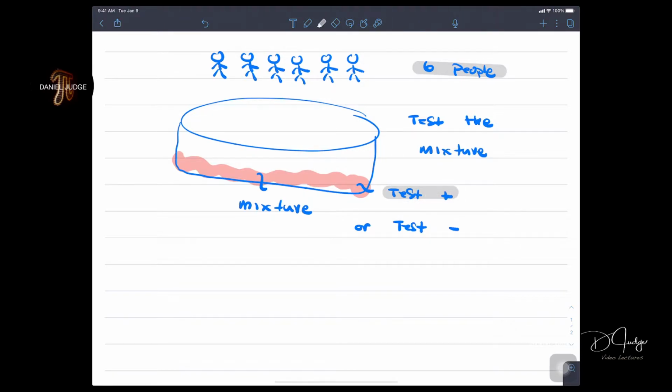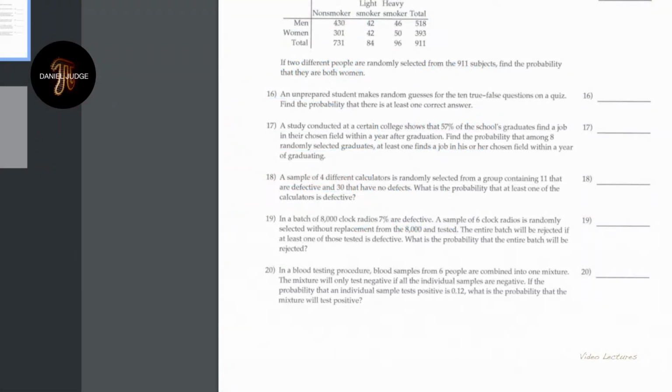It either tests positive or it tests negative because we're going to actually just test the mixture as opposed to testing people individually. So going back to what this says in the browser here, they're saying in a blood testing procedure, blood samples from 6 people are combined into one mixture.